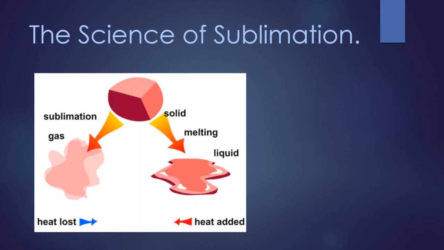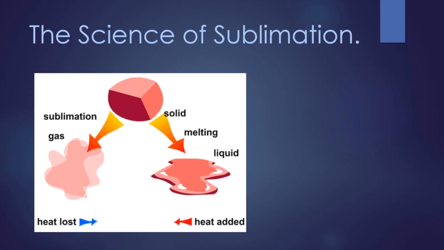I have a diagram here, and basically the term sublimation actually means when a solid goes straight from a solid to a gaseous state. This is showing the liquid form, which would be your ink in the cartridge. Once it's sprayed onto your transfer paper by the printer, it dries out, and that's your solid form.